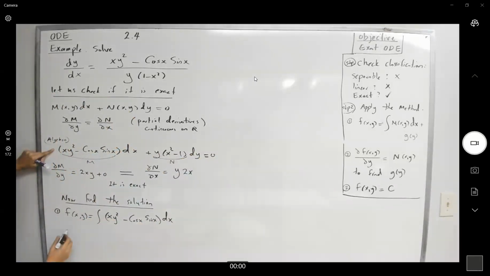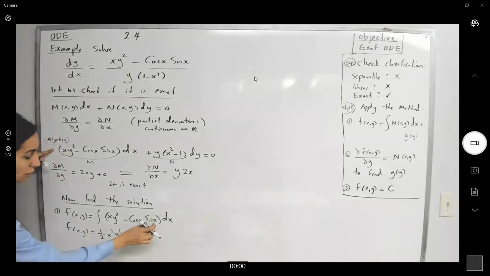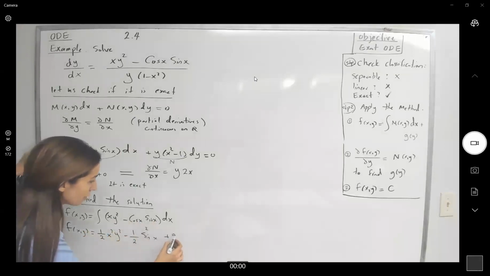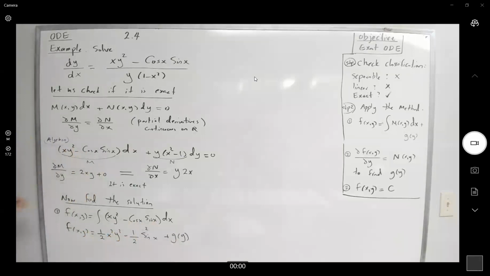And by solving this integral, f of x and y is equal to, with respect to x, you get a half x squared y squared. And here you can combine these two, or you can use a substitution. So if u is equal to sine x, then du is equal to cosine x dx. So you get minus a half sine squared of x plus g of y.